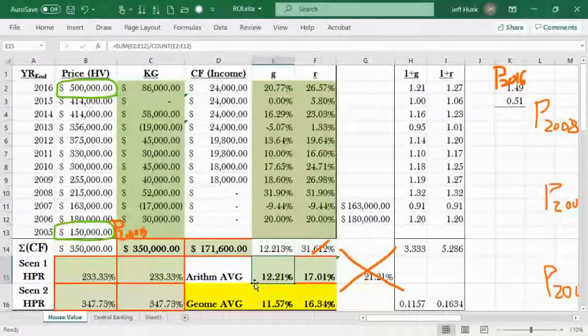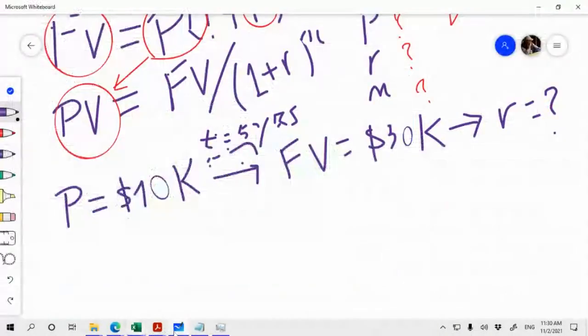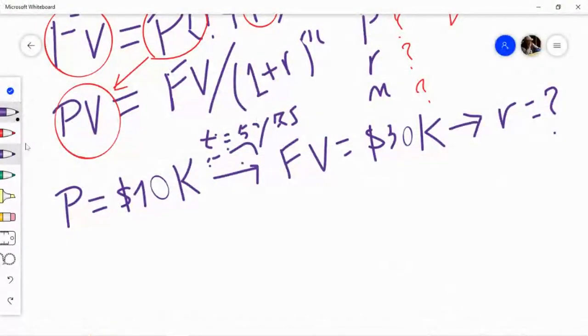So therefore, what is the correct way to find the annual average? In other words, annualized. The average of the annual growth rates must be found through the geometric average. At the time, I already gave you the formula, but because you were not ready for it yet, I didn't go into how that formula was derived.